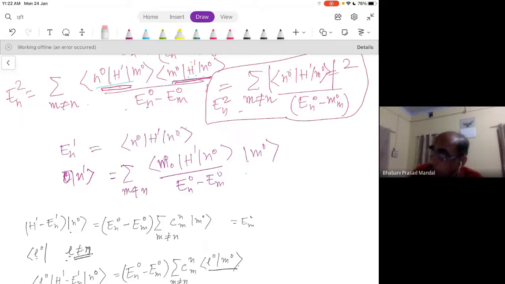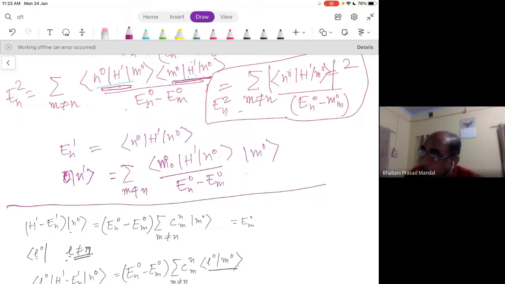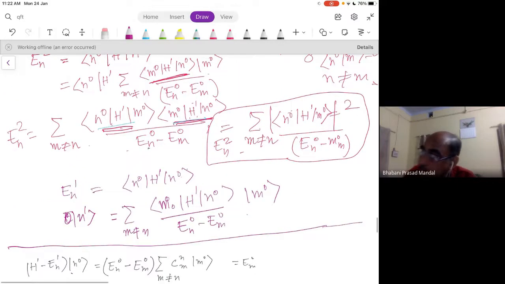If you know these three formulas, you can solve any problem in non-degenerate perturbation theory. I'll give you a lot of problems, and if you practice, you will master solving. What are the three formulas? First order correction to energy, second order correction to the energy, and first order correction to the eigenstate.